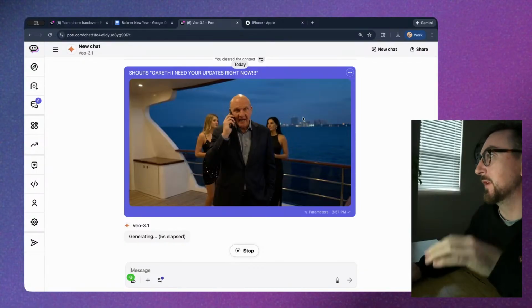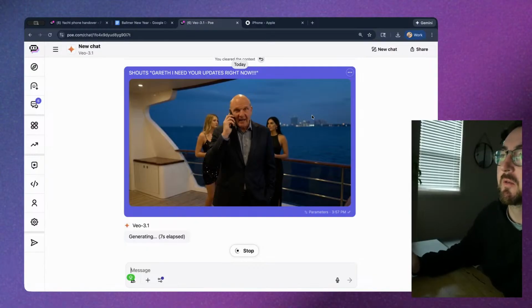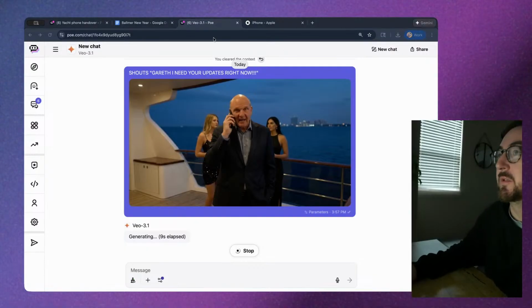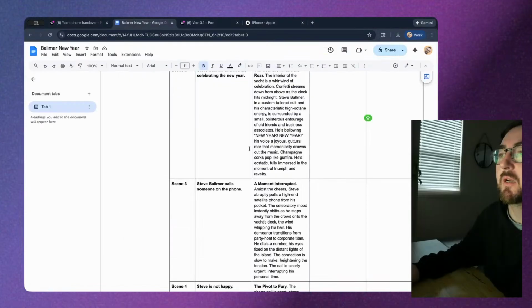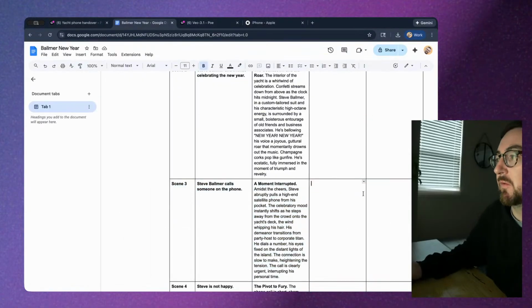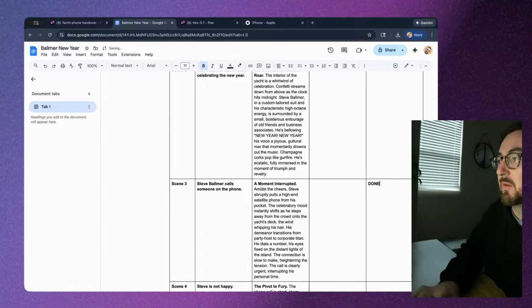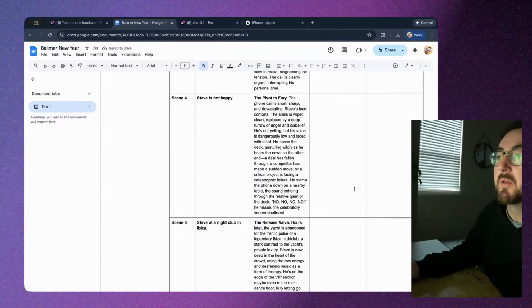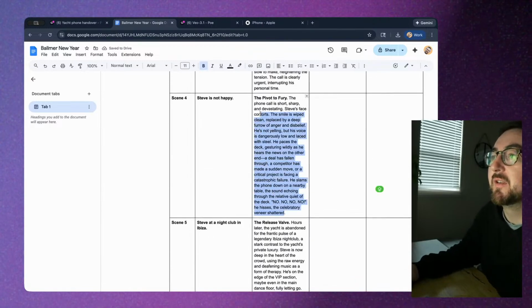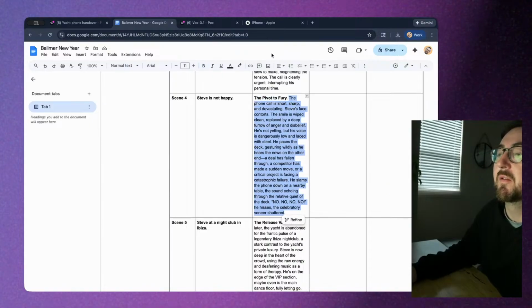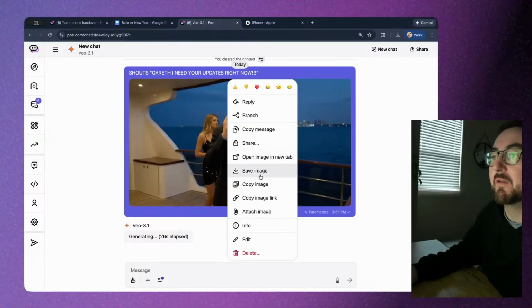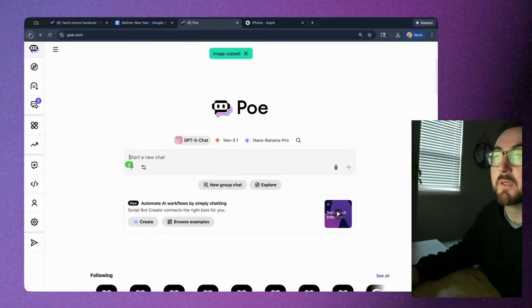Sometimes just move the camera around. So coming back to this dock, call someone on the phone. This one, Steve is not happy. I'm gonna try and find a different angle for this while this runs.